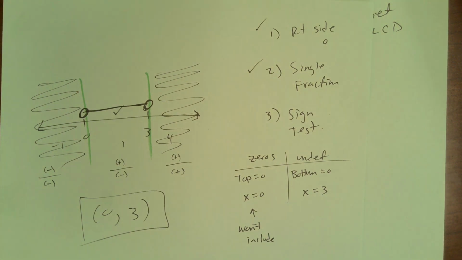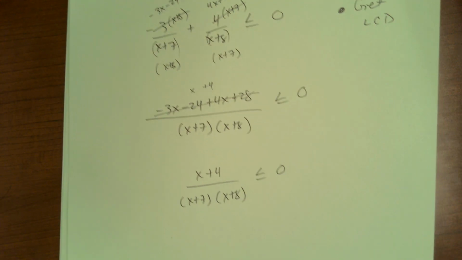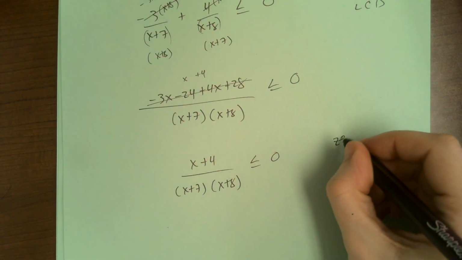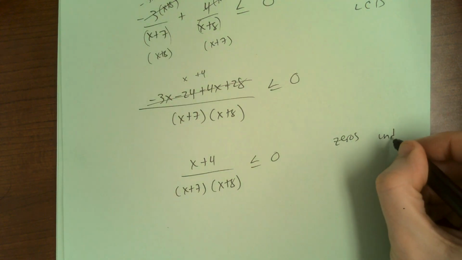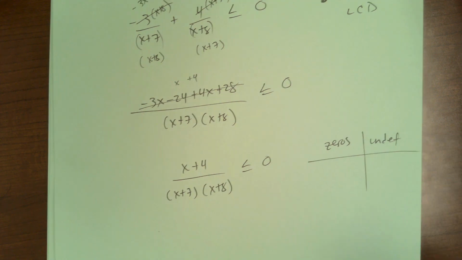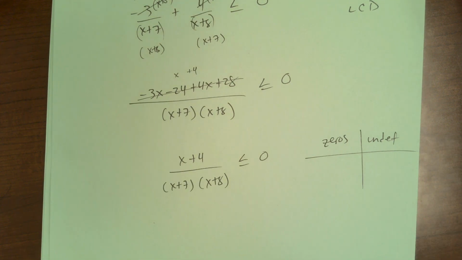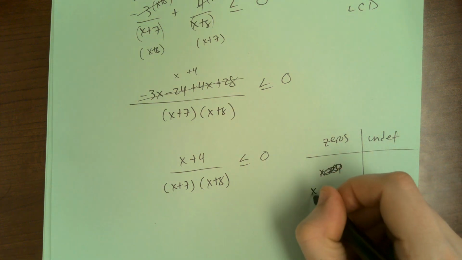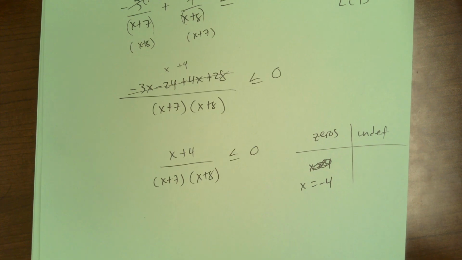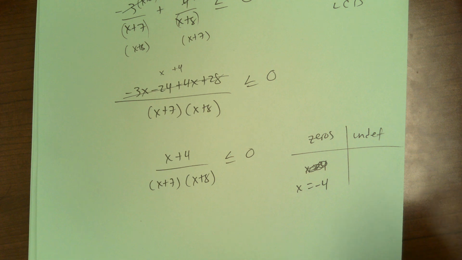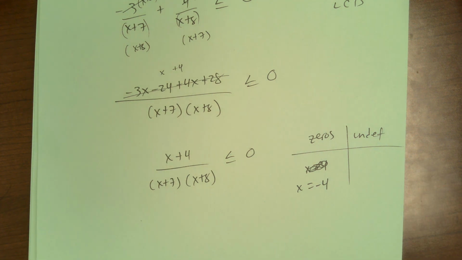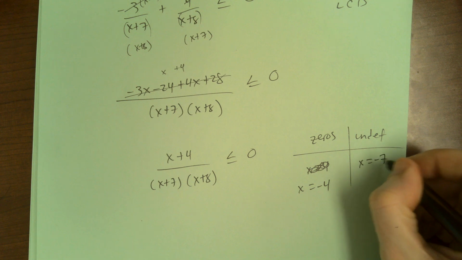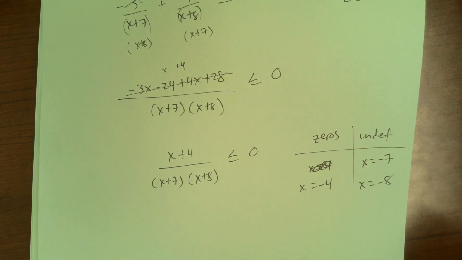Now we're doing the sign test. So zeros, undefined. Zeros are when the top is 0. So x equals negative 4. Undefined values are where the bottom is 0. So x equals negative 7, x equals negative 8.